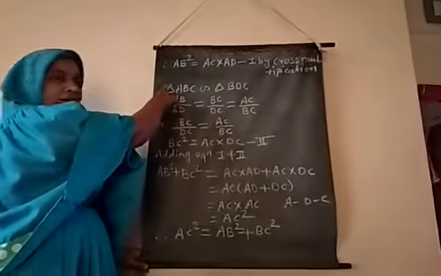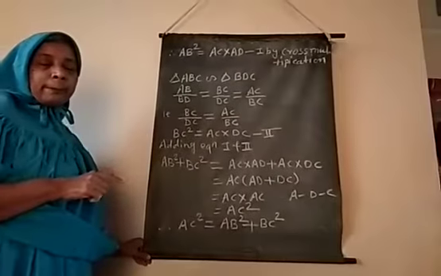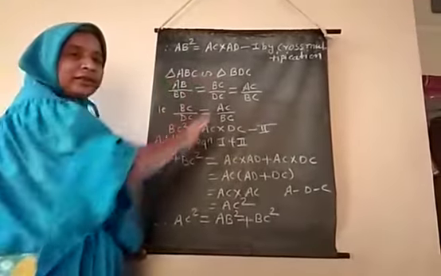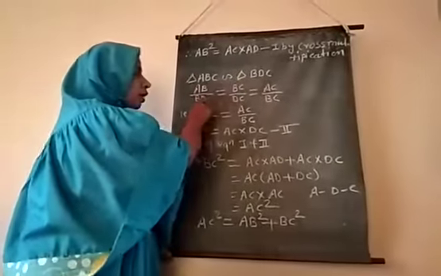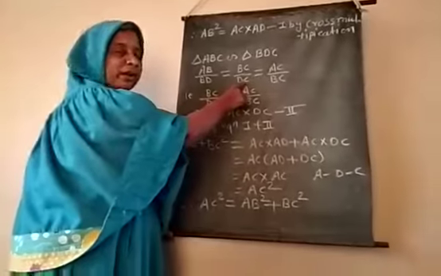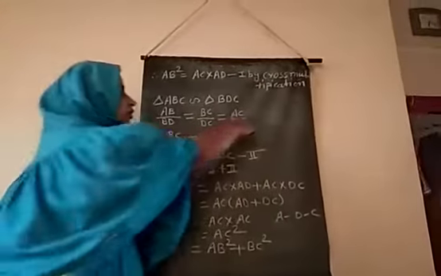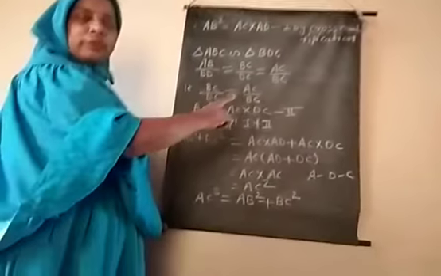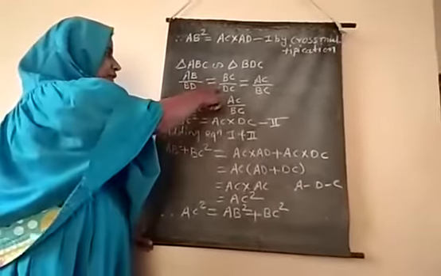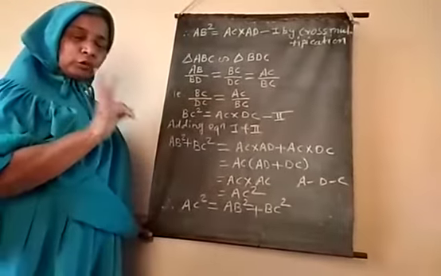Similarly, triangle ABC is again similar to triangle BDC. Now again we write the ratios. So AB upon BD is equal to BC upon DC equal to AC upon BC. Here the same reason, CSST, corresponding sides of similar triangles. Now among these three ratios, again we select two ratios.